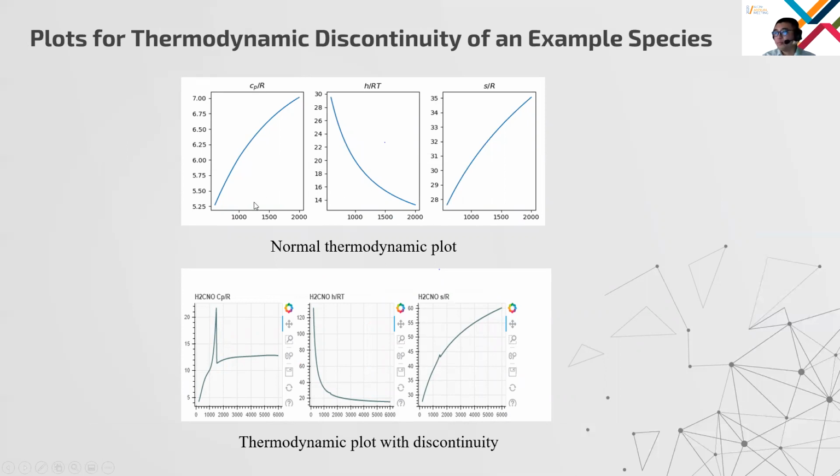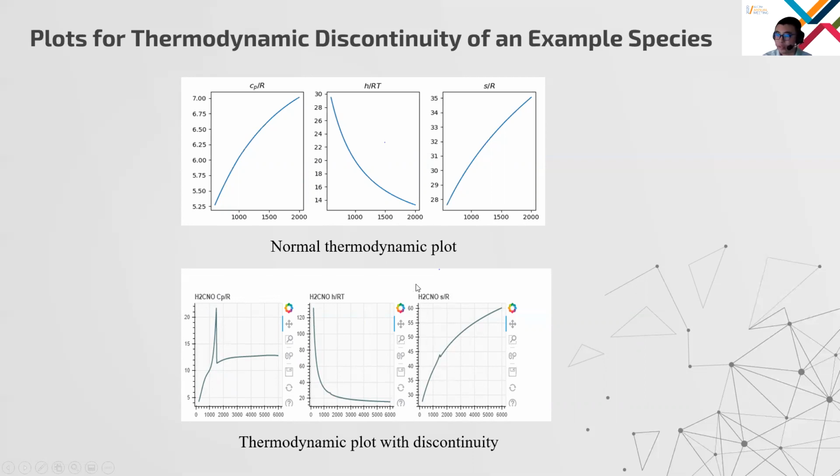But for some models, the species thermodynamic data generates plots with discontinuities at the mid temperature. So we can see here's a very serious discontinuity for the heat capacity plot, and also for the enthalpy plot and the entropy plot.